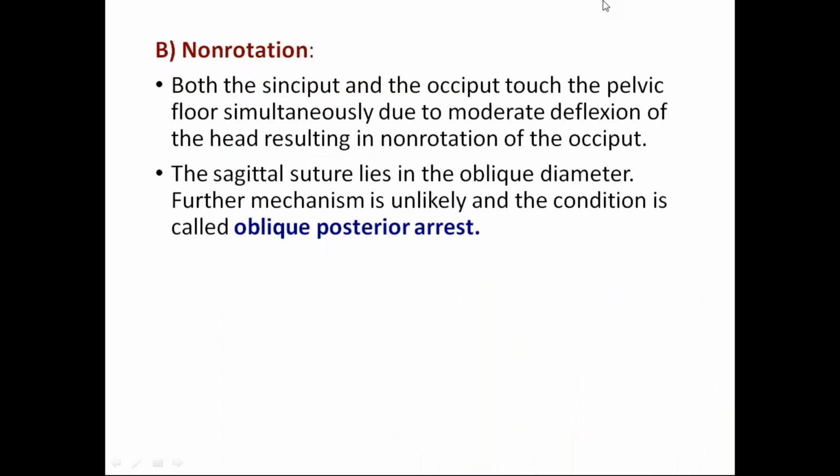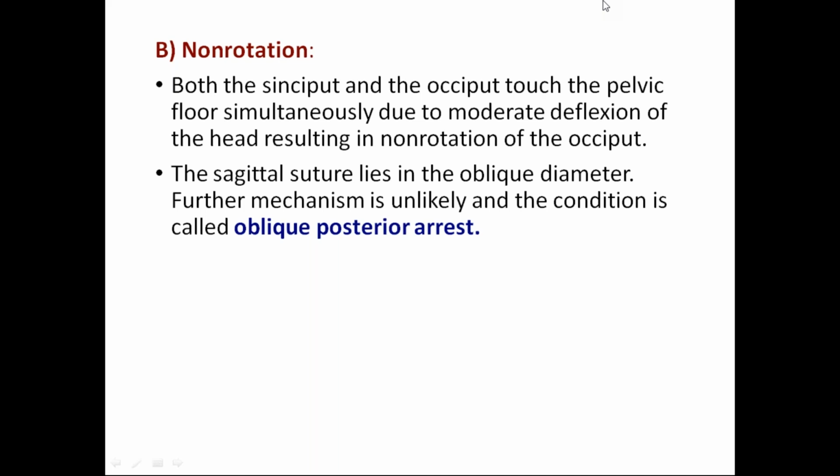Non-rotation: what happened? If it is right occiput posterior, it will not move either this way or this way. In this case, what happened? Deflexed head. If it touches both sinciput and occiput directly, or if the occiput is taking one side, then it is a deflexed position.